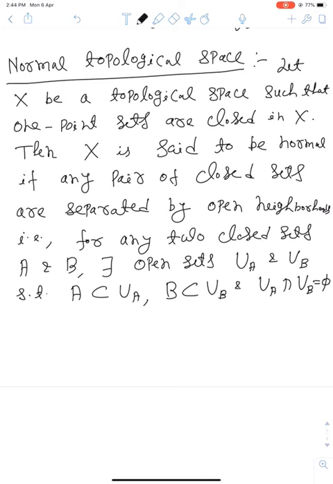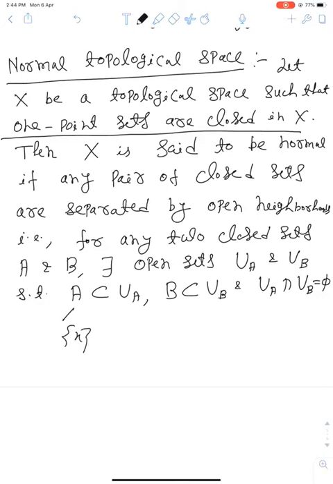Now, from this definition, it is clear that normal implies regular. Why? Because one-point sets are closed in X. So if a topological space is normal, then we can take one of these as a singleton.